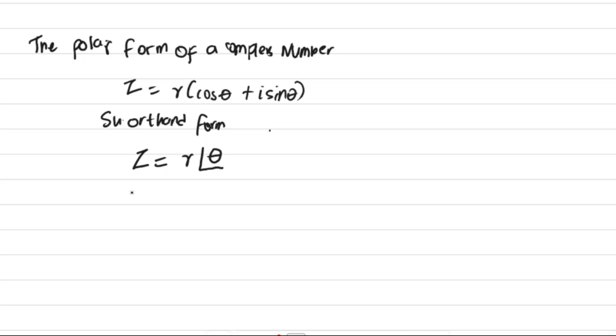So it means that in the earlier question that we got our z to be equal to 5.385 into cos 158 degrees 12 minutes plus i sine 158 degrees 12 minutes.